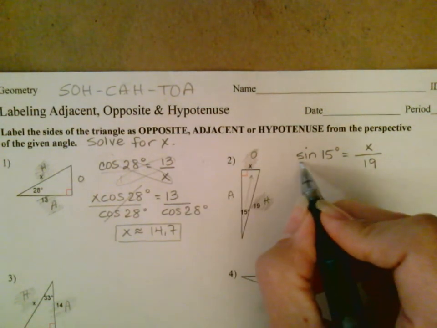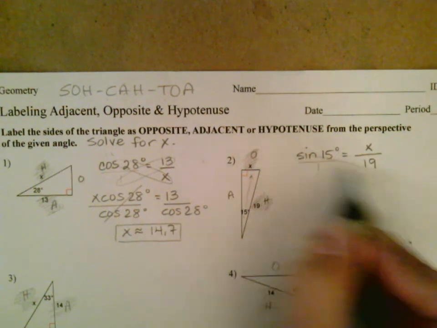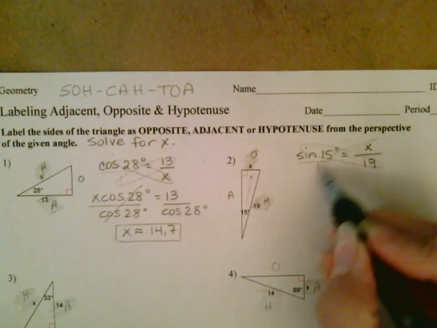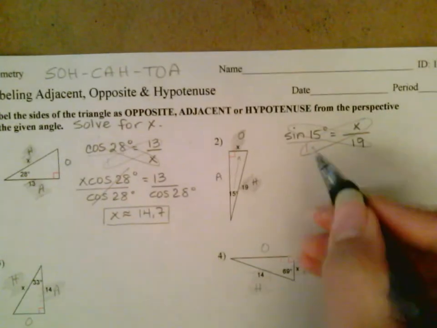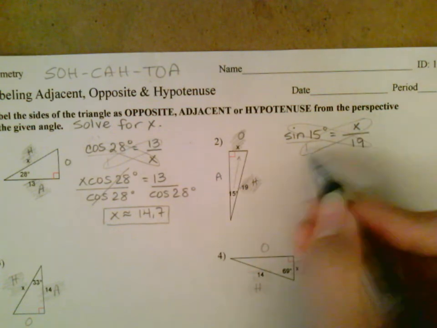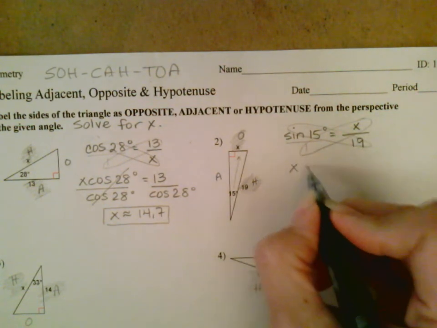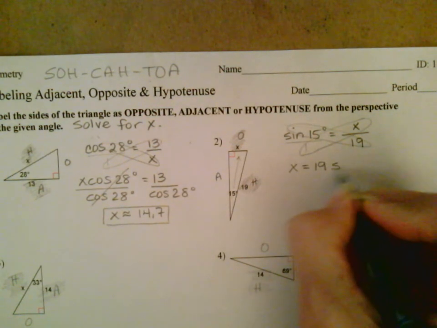So here's my little faint line, and I'm going to visually give myself the cross multiplication sign. Start with the x side, the x cross, which is this one. 1 times x, x equals, multiply the other side, 19 sine of 15.